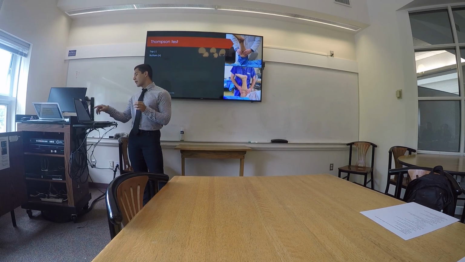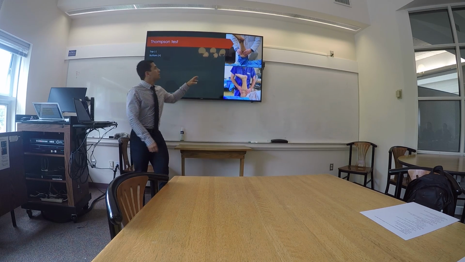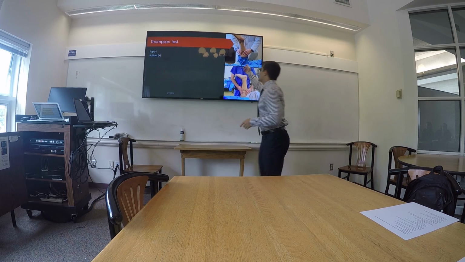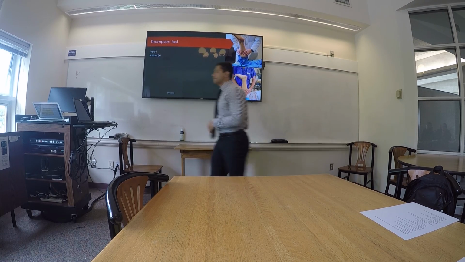So in the top image, you have a negative sign, where squeezing the calf reproduces plantar flexion, and a positive sign for the Thompson test would be squeezing the calf and producing no plantar flexion.